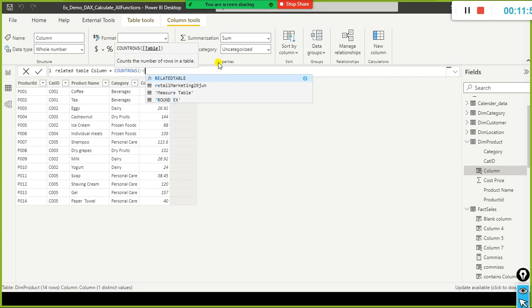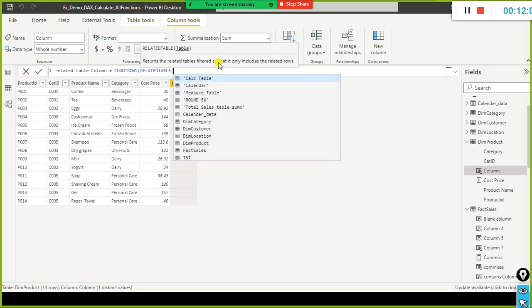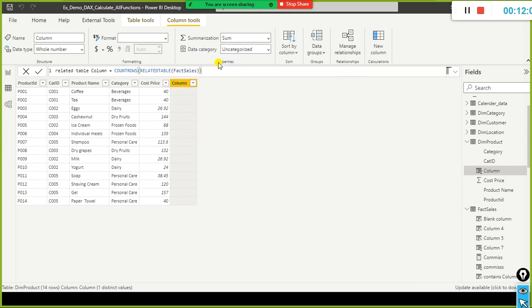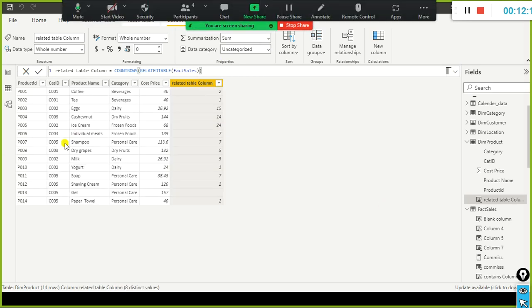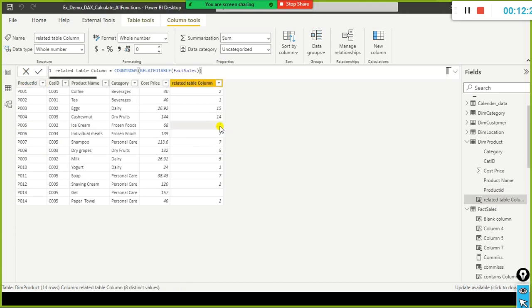And simply, okay, RELATEDTABLE, I'm going to say FactSales. What is the number of transactions for each product? Look here. So this product P005, they purchased in 25 different orders, right?